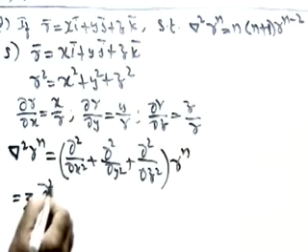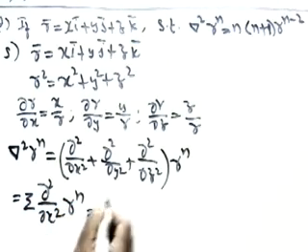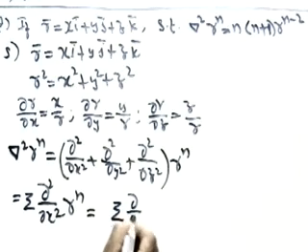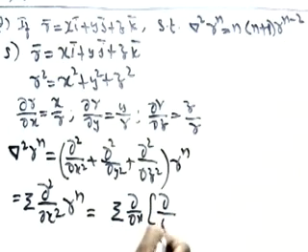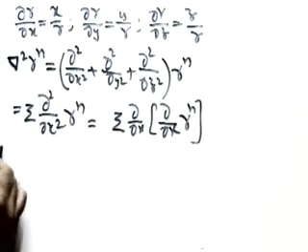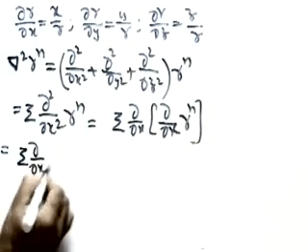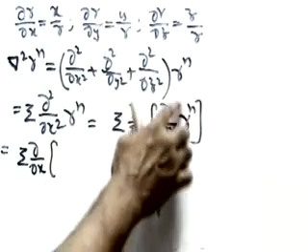Let me take sigma dou square by dou x square of r power n. We can write it as sigma dou by dou x of dou by dou x of r power n. Now we have to differentiate this with respect to x. So you write sigma dou by dou x as it is.